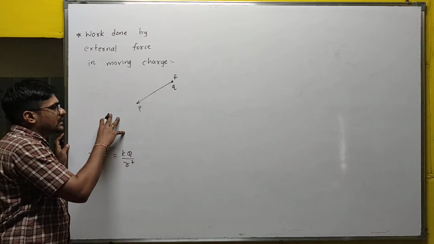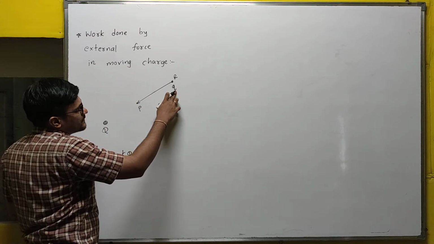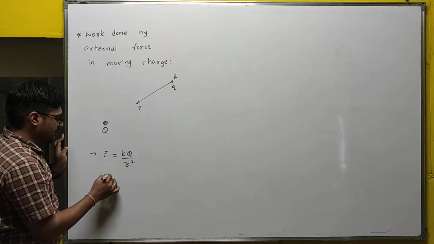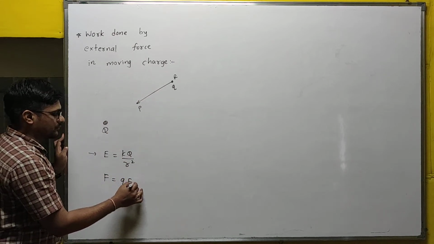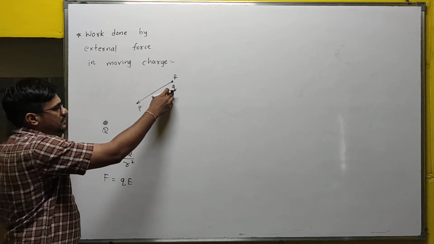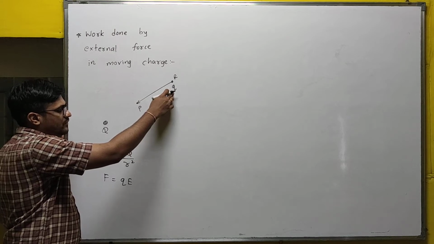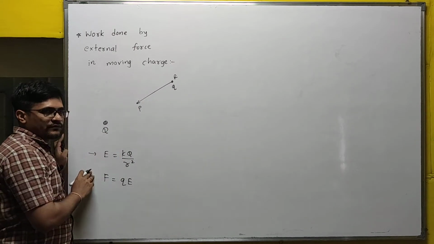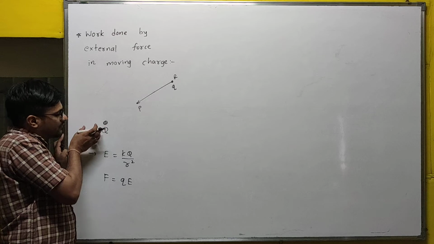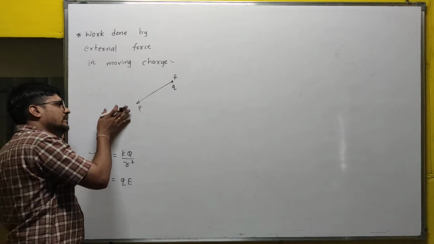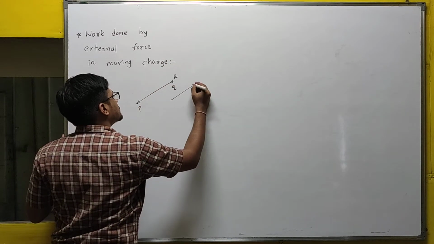So in this electric field, this will experience a force F is equal to qE. This is a positive charge, so this will experience a force in the direction of electric field, and the direction of electric field due to this plus Q is in the outward direction, so it is in this direction.